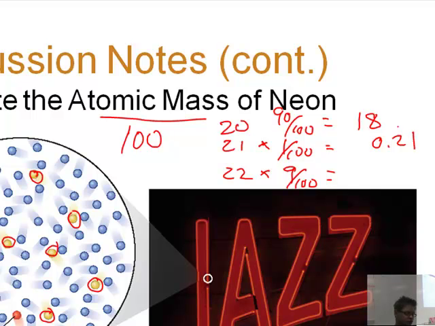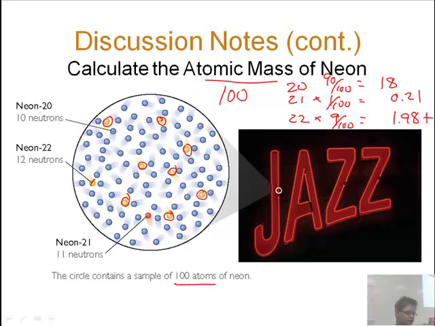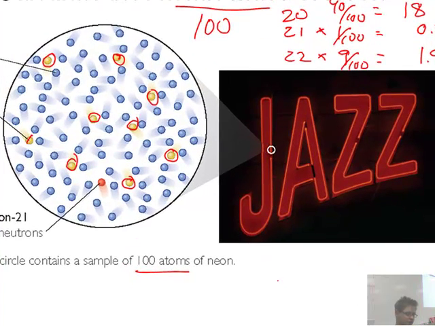And then 22 times 9 divided by 100 is going to be 1.98. If you add up all of these masses together, 1.98 plus 0.21 plus 18, this gives us an answer: the atomic mass of neon is 20.19 AMU.